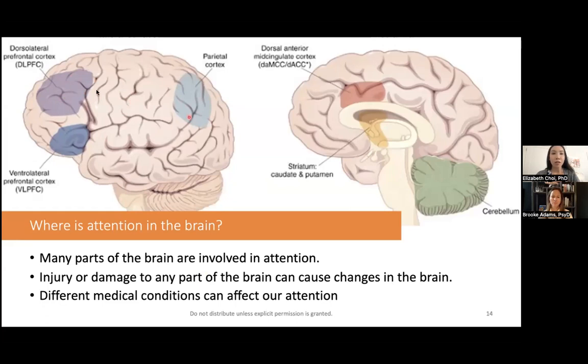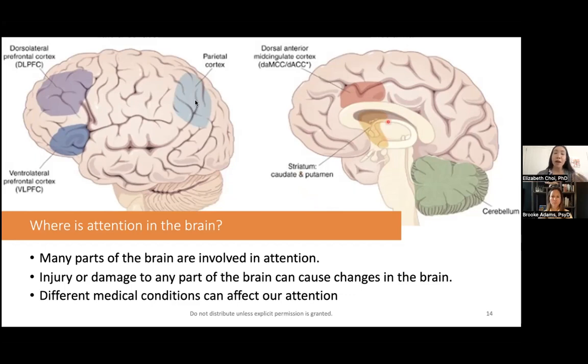It can stretch all the way to the parietal cortex, which coordinates our sensory information. It might also involve our striatum, which is part of the subcortical area in the brain that controls our reward pathways.